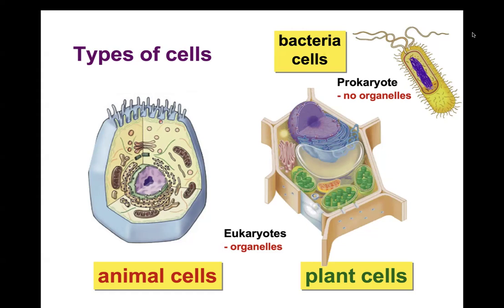And eukaryotic cells make up us and other animals and plants and fungi and things like that. So we're going to need to know the similarities and differences between these types of cells. All life is made up of cells, and there are two main groups of cells, prokaryotic and eukaryotic.